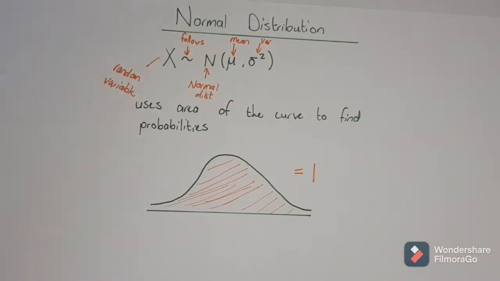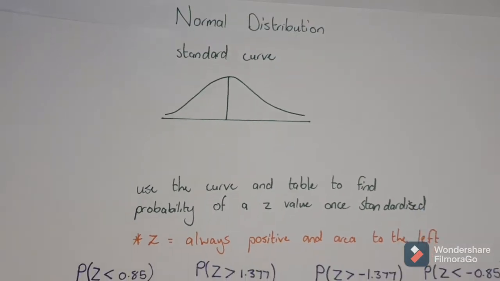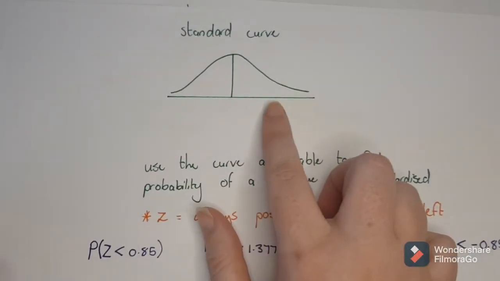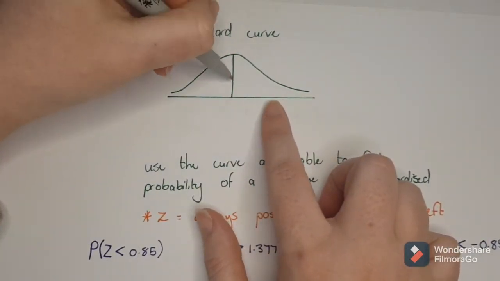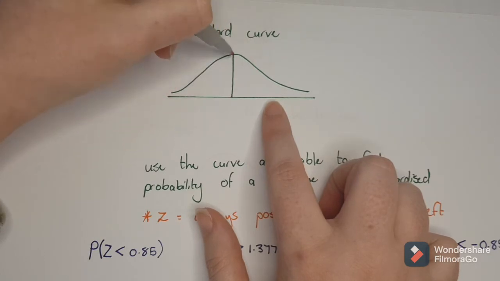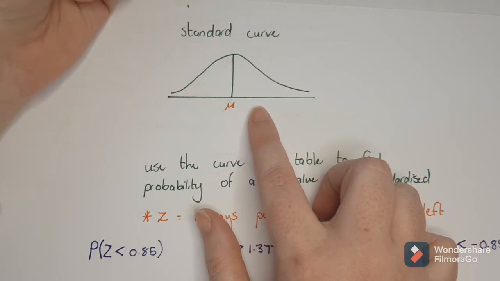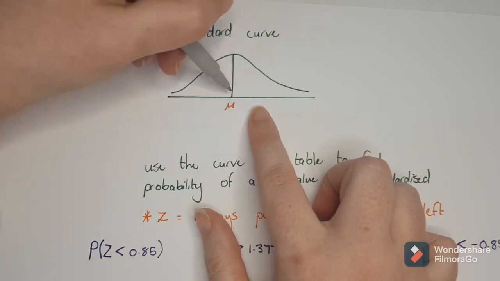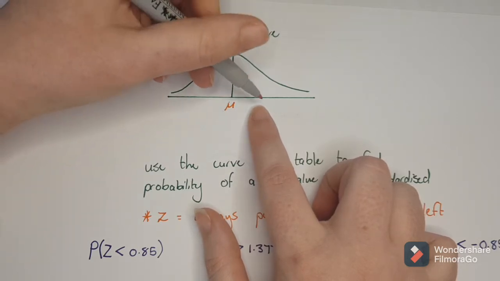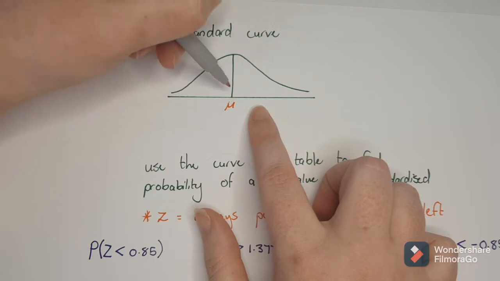Okay, so we're going to use a standard curve in order to read our table. And when we have the standard curve, directly in the center of that curve, that will be the mean that we have. Then the standard deviation is how far away something is from the mean, okay?